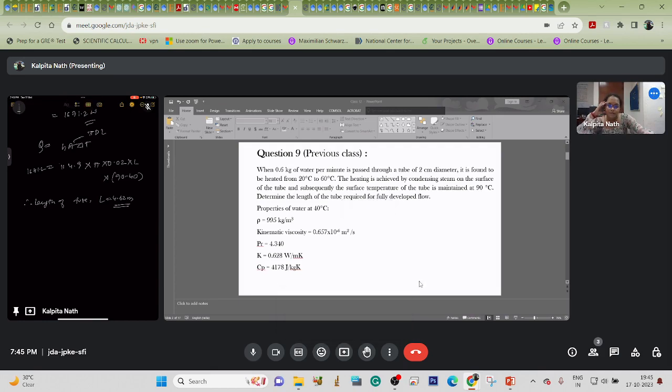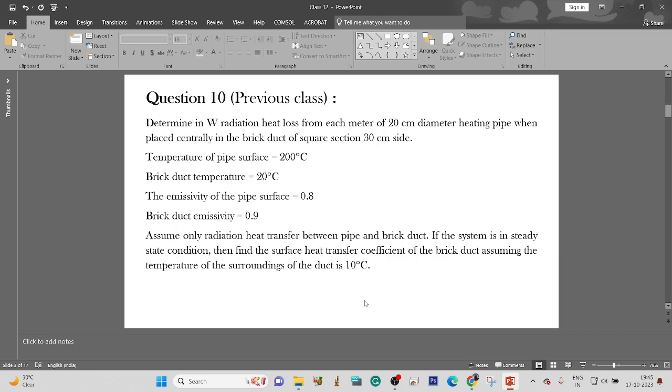Now, I hope you have understood the problem. Now we'll proceed to the next question. What do you need to determine? Radiation heat loss from each meter of a 20 centimeter diameter heating pipe when placed centrally in a brick duct of square section, 30 centimeter each side. So a brick duct of square section, 30 centimeter each side, is there, and a heating pipe is placed centrally in that.